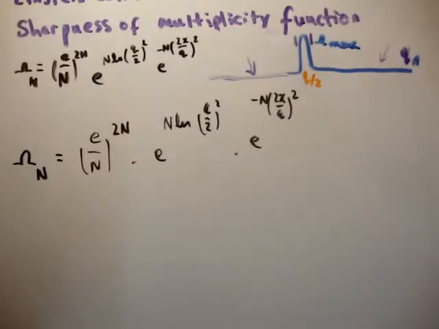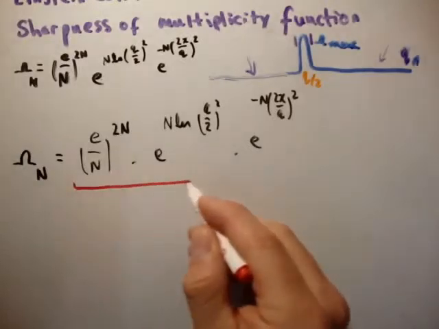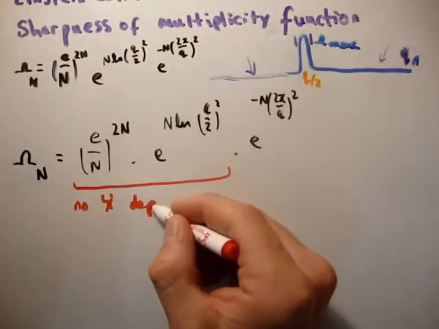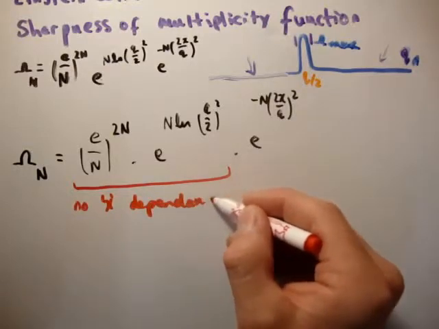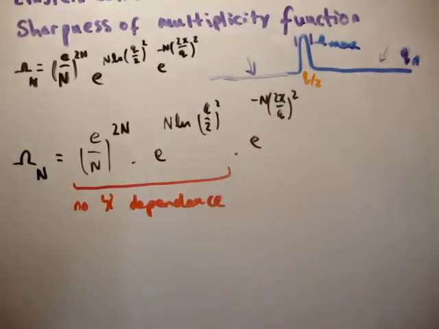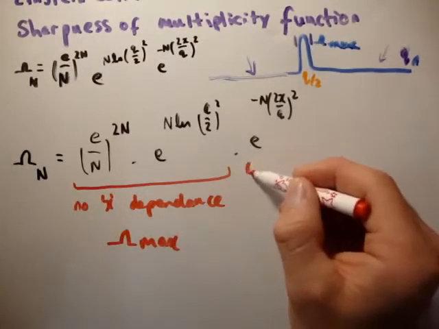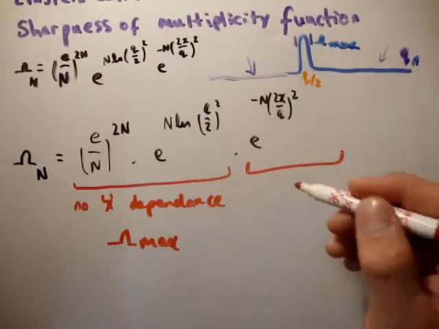And you might say to me, who cares? What do we actually gain from doing this? How do I know that that even means anything? Well, if you look here, no x dependence. In other words, it's essentially a constant of the system. So we said that this is the maximum multiplicity, and this is a Gaussian.